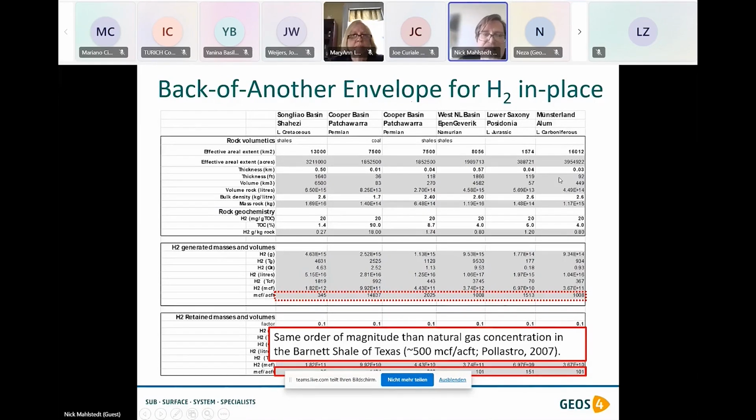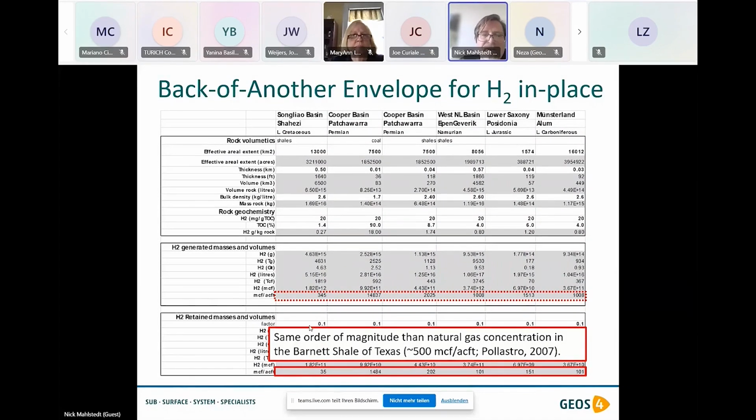We came up with a number that is in the same order of magnitude as the natural gas concentration in the Barnett Shale. Interestingly, for coals the potential is really highest, or higher than the shale gas potential, just related to the organic richness of coals, of course. So that might be the best source rocks for hydrogen generation.